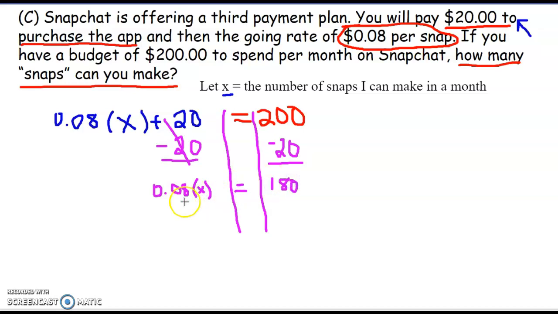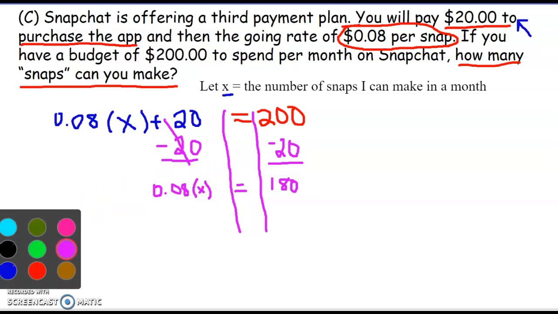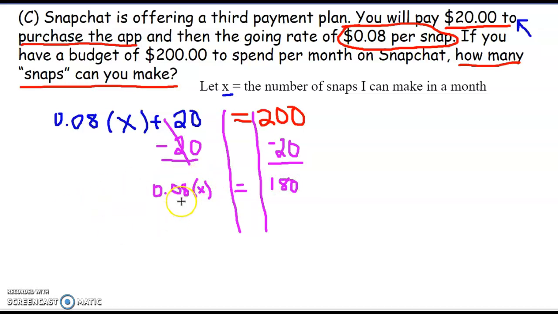All right, now I know that these two are attached. Let me change colors. These two are attached by multiplication. I need to get X by itself. So in order to have X by itself, I do the opposite of multiplication, which is division. And anything I do to one side of the equal sign, I'm going to do to the other side of the equal sign.